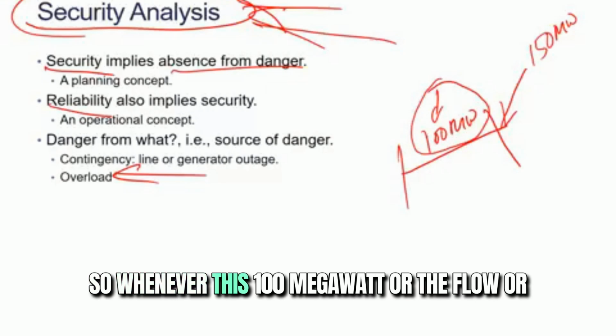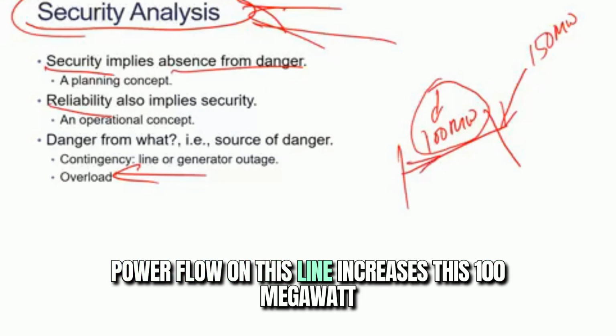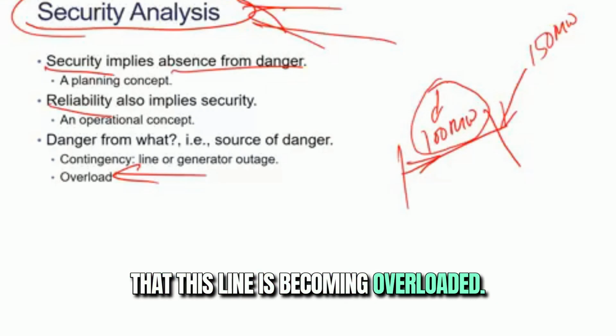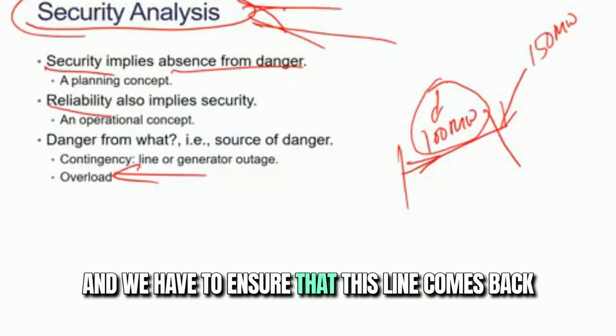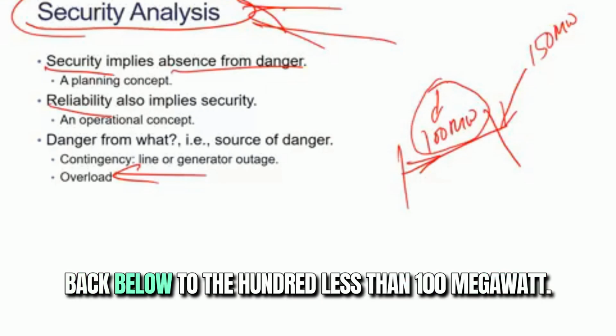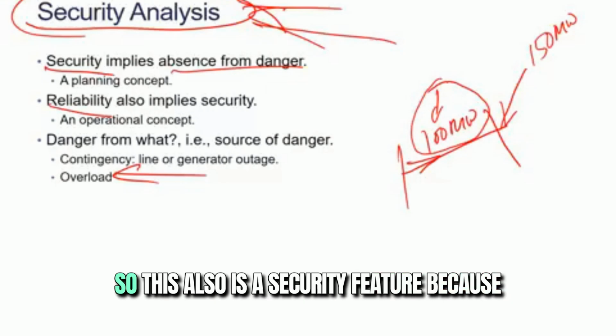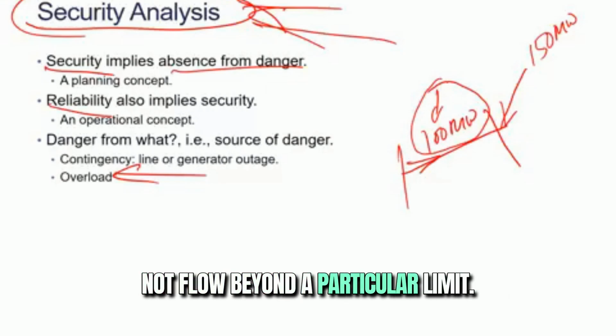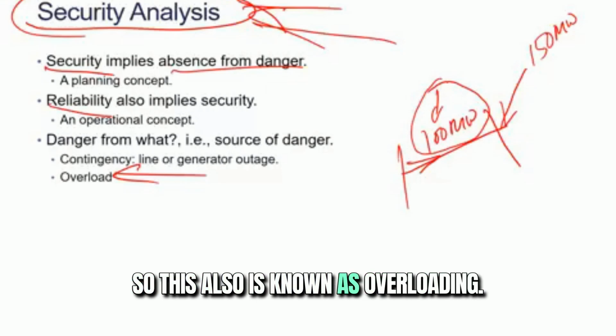So whenever the power flow on this line crosses this 100 megawatt barrier, then we call this line overloaded, and we have to ensure that the power flow comes back to less than 100 megawatt. This is also a security feature because we want to ensure that the power should not flow beyond a particular limit. So this is also known as overloading.